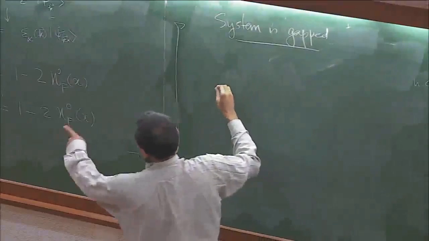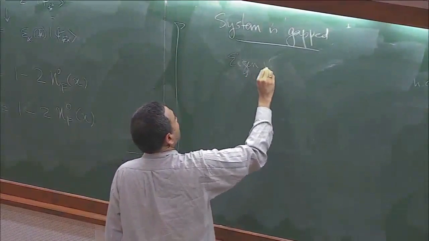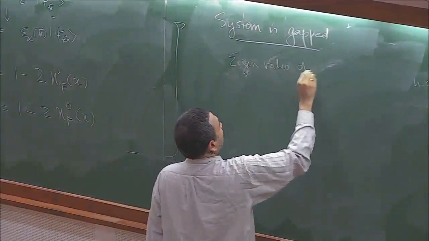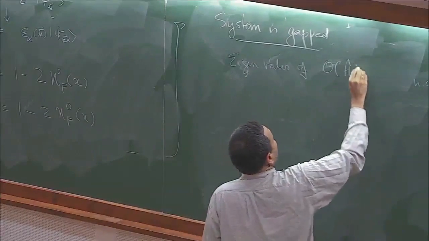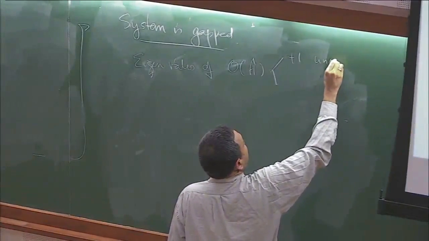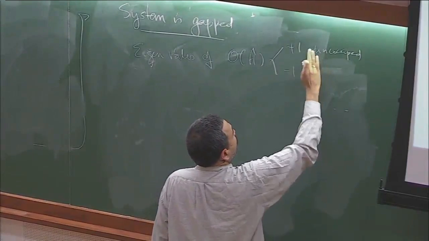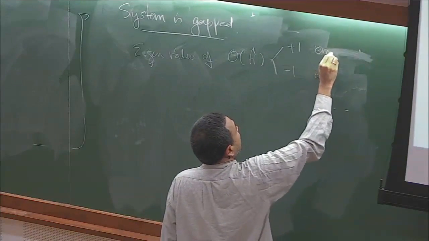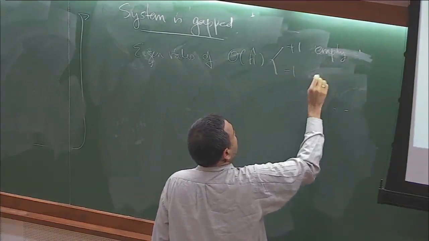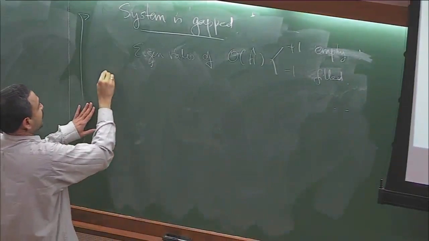So the eigenvalues of OH are either plus 1, unoccupied or empty, and minus 1, occupied or filled.